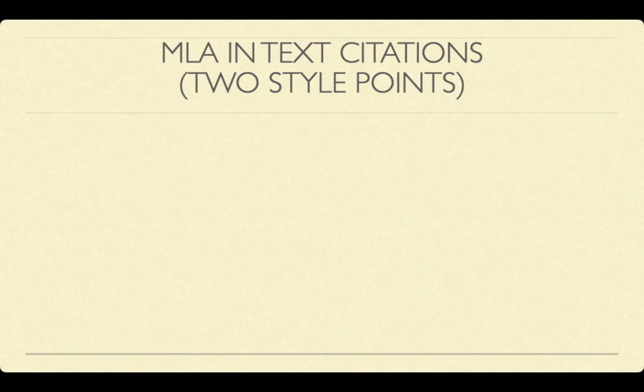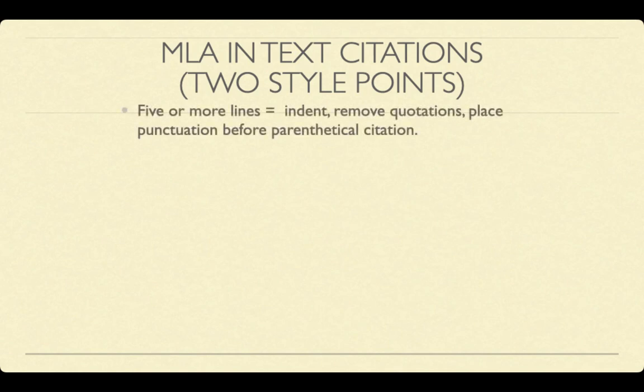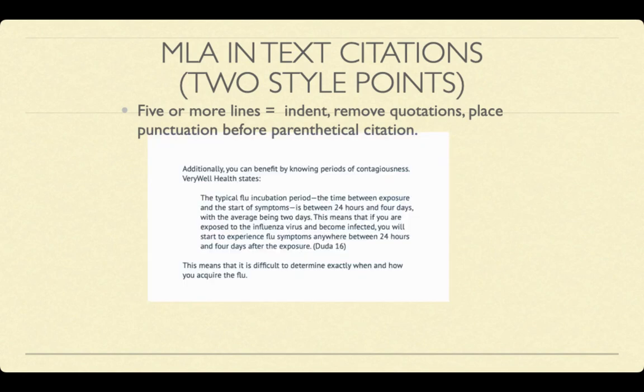There are a couple of style points that I would like to discuss. First, if you're including a quote that is 5 or more lines long, you'll need to indent it by simply pressing your tab key and placing the punctuation, usually a period, before the parenthetical citation. Here's an example. This blue line represents the margin of your paper that's set by your word processor, and the arrow shows that I've indented the entire quote.